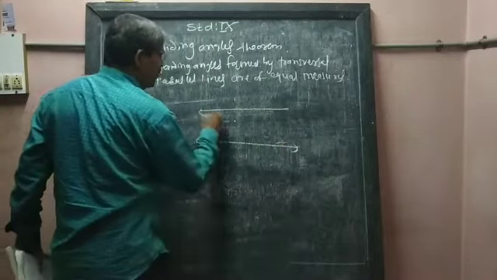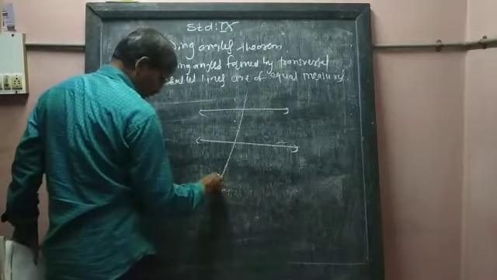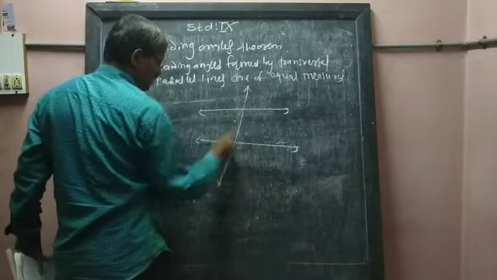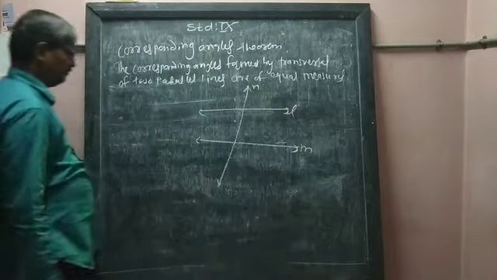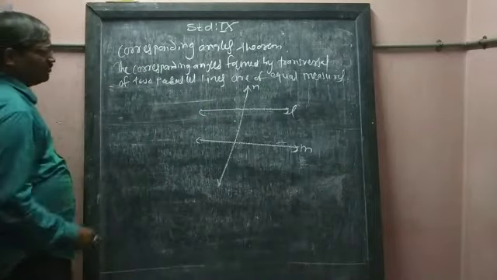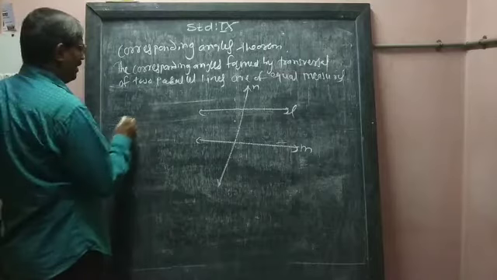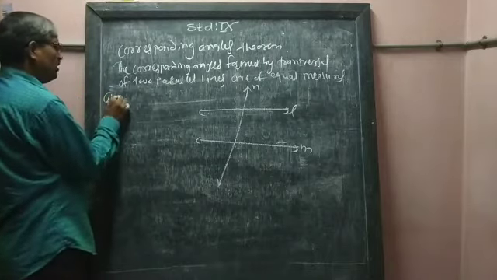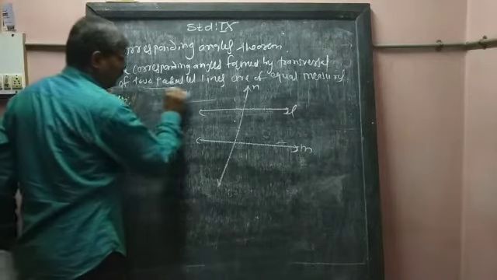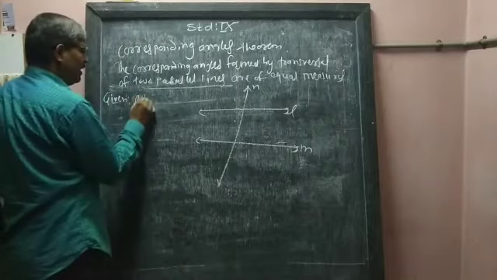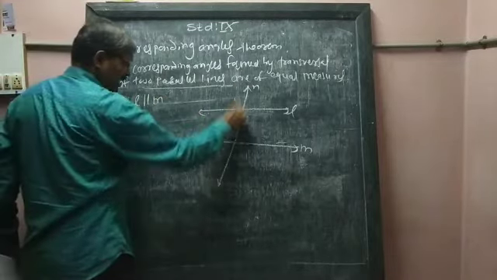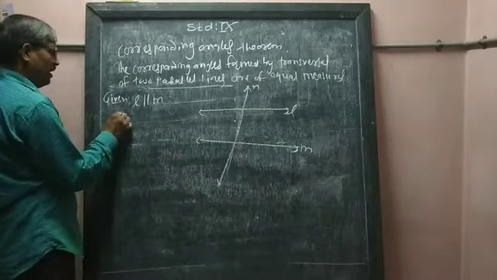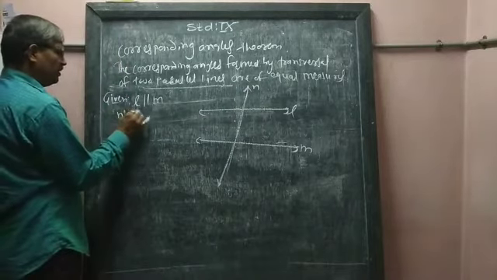So I am going to draw a diagram here. Look how it becomes easy. Here L and M and this is N. The corresponding angles formed by a transversal of two parallel lines, means what is given you have to decide. Of two parallel lines means line L parallel to line M. And who is the transversal? Line N is the transversal.